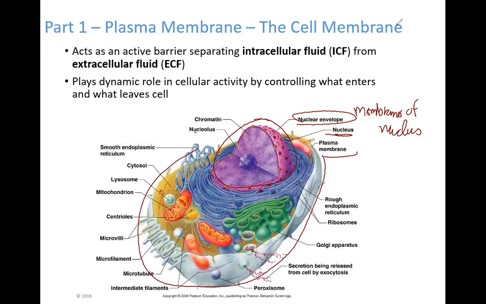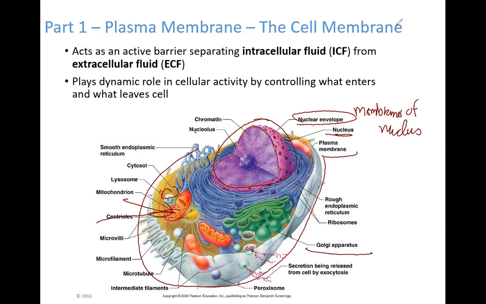You've got various organelles inside the cell. You've got the mitochondria here, shaped like little sausage links. You've got structures, these green things, called Golgi apparatus. You can see other structures here called lysosomes. These are all the different organelles that have specialized functions.